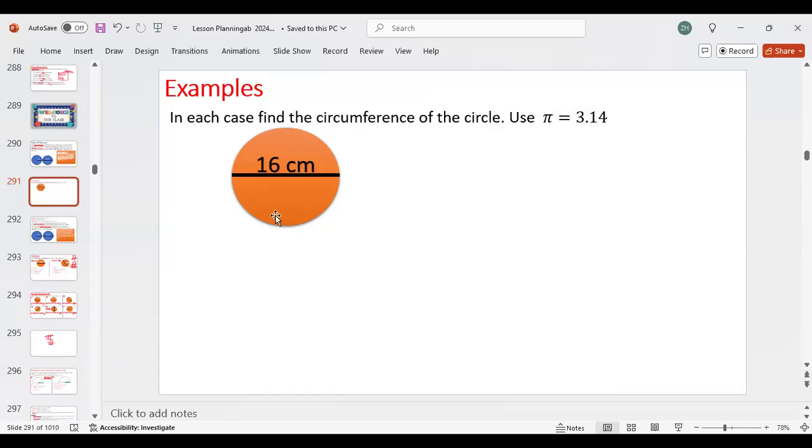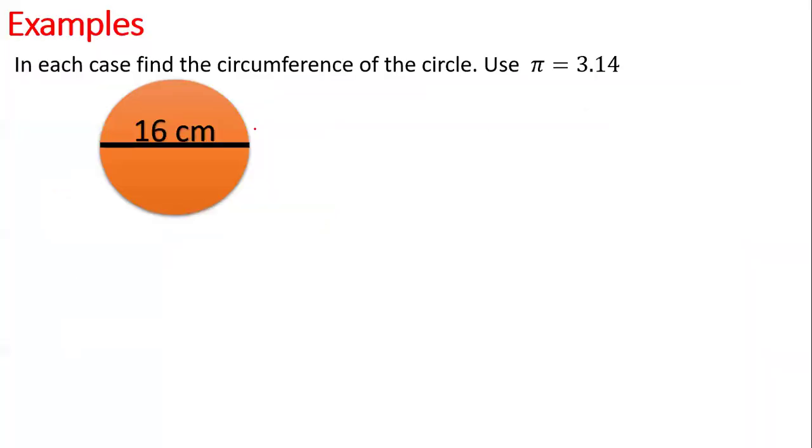But the first thing that we need to figure out is, what is the radius? Well, let's start off with pi. What is pi in this question? 3.14. Good. What is the radius? 16 centimeters? The radius is 8 or 16? 8.